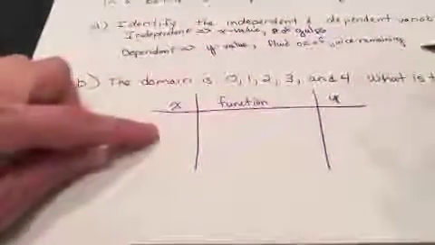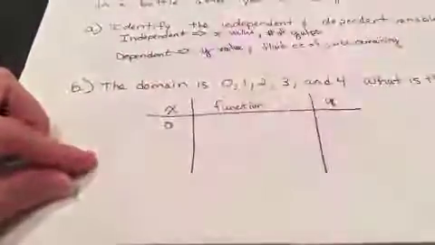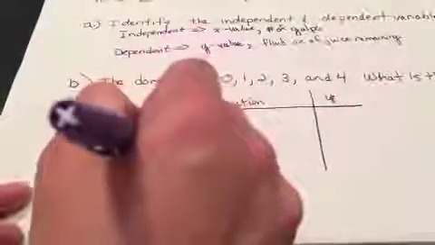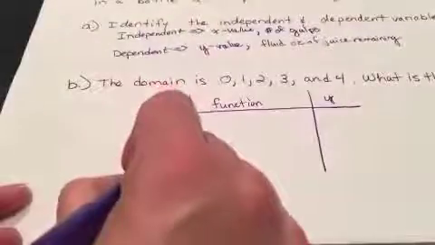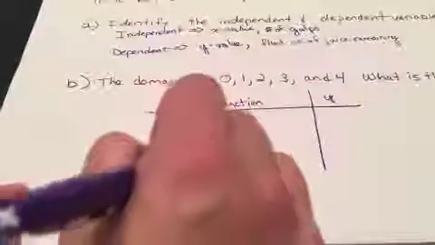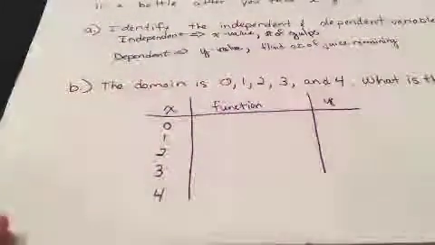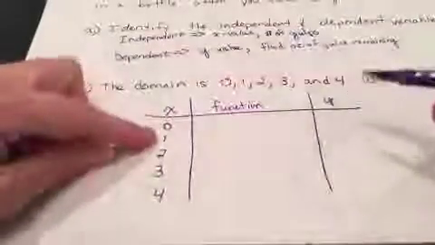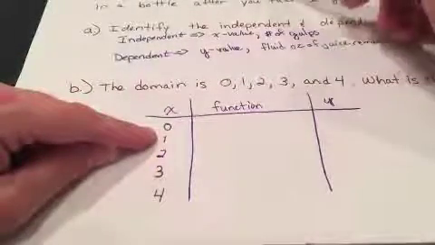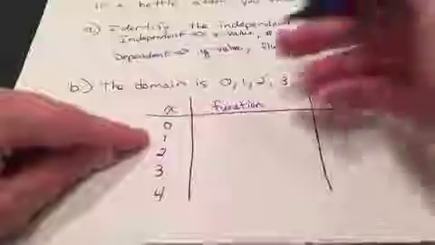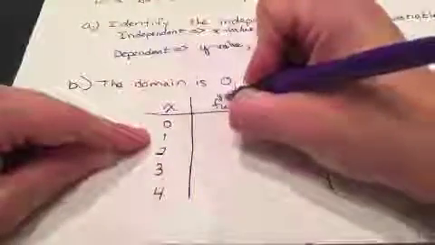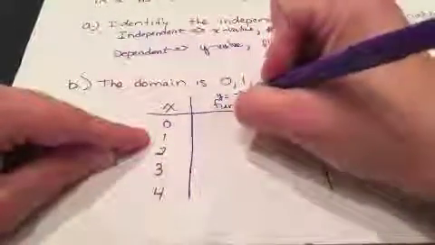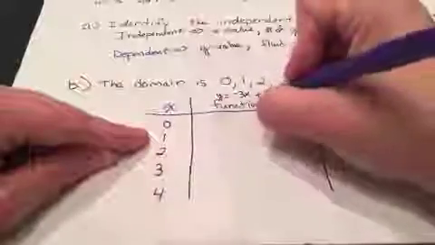The x values they give us are 0, 1, 2, 3, and 4. I'm going to plug them into the equation given above, and the function was y equals negative 3x plus 12.